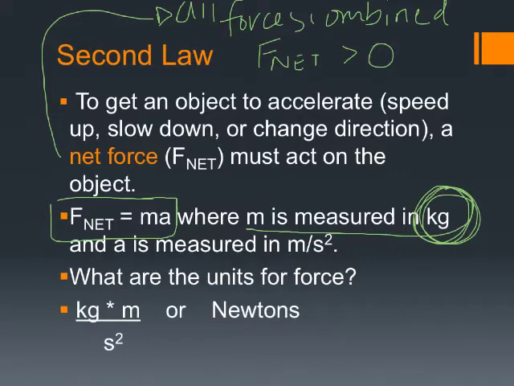Same thing, a is meters per second squared. So if you have centimeters per second squared, something like that, conversions have to happen. Granted, I'm pretty sure I will always give you the acceleration in meters per second squared. It's the kilograms that you may have to convert. Convert those to kilograms.